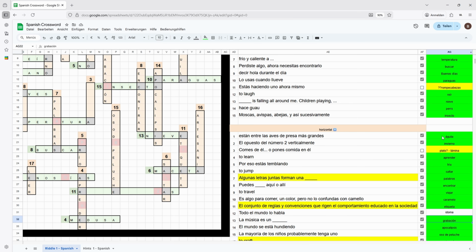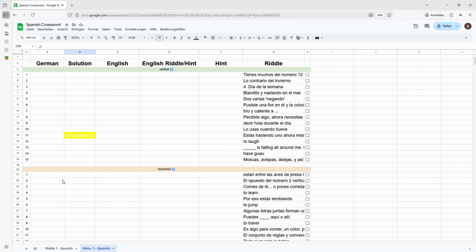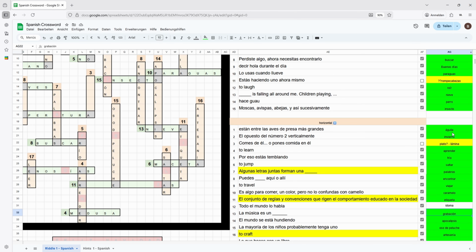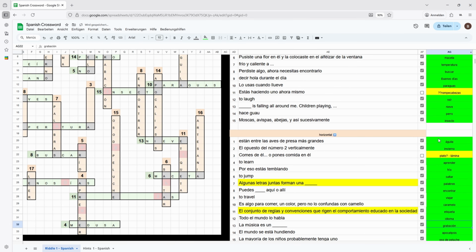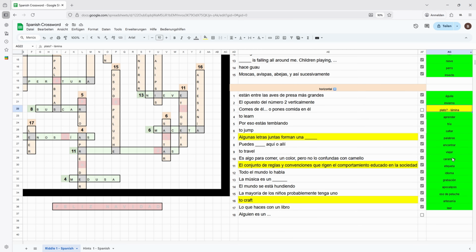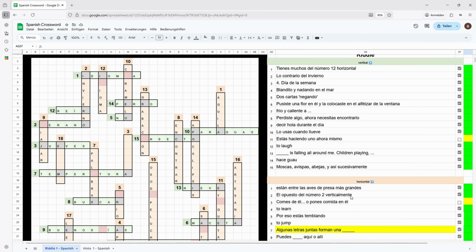As soon as the word is the same as the solution, it gets green, and if it's not, then it doesn't change. And why is that? Oh, because I misspelled it. And that looks good. I have 2 that I didn't know and didn't fit, and 1 I didn't know. And that's everything for this riddle.